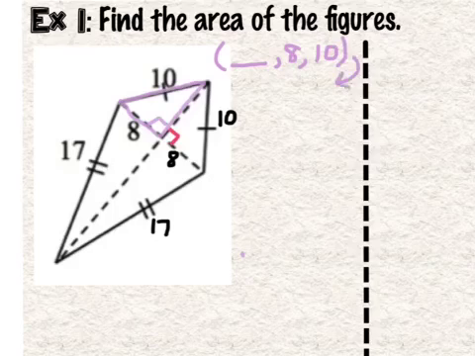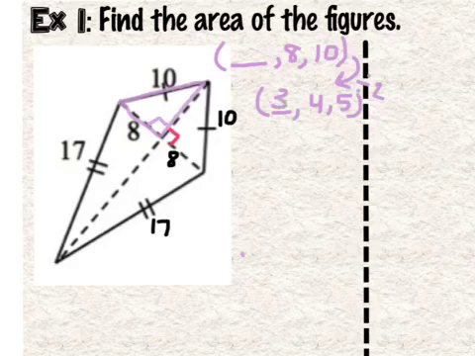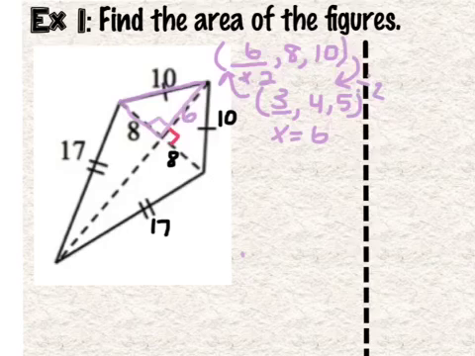And you can divide by 2, which gives you a blank, 4, 5. And you're probably saying it's a special triangle. I know it's a 3. Don't forget to unreduce. Your unknown side was a 6. So this is a 6, 8, 10 for the first part of your diagonal.